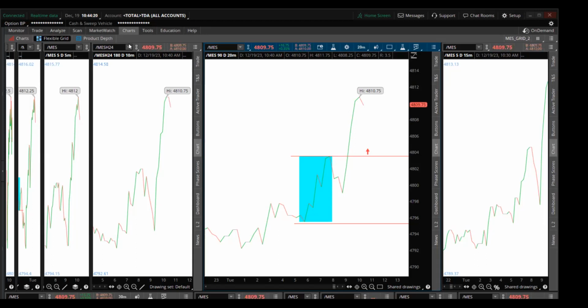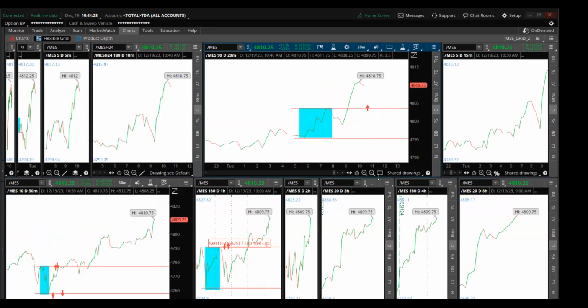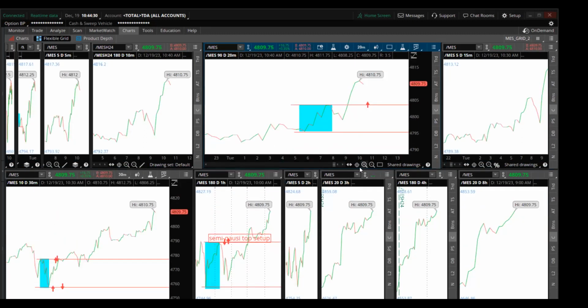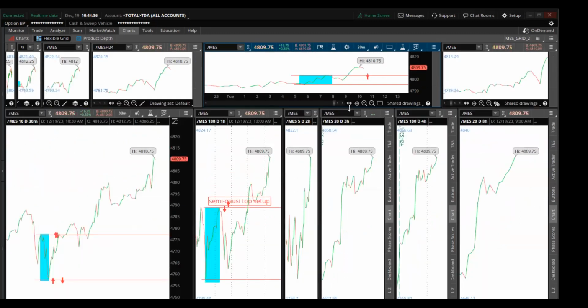I'm not too comfortable with Zoom yet, but we'll take a look here. To give you an example, I think we did this particular trade here.